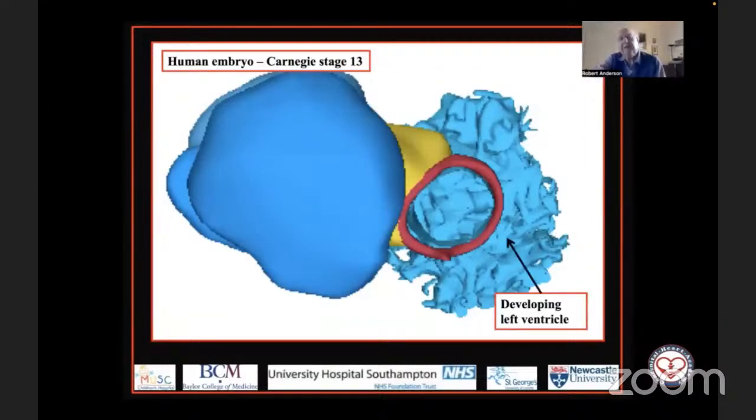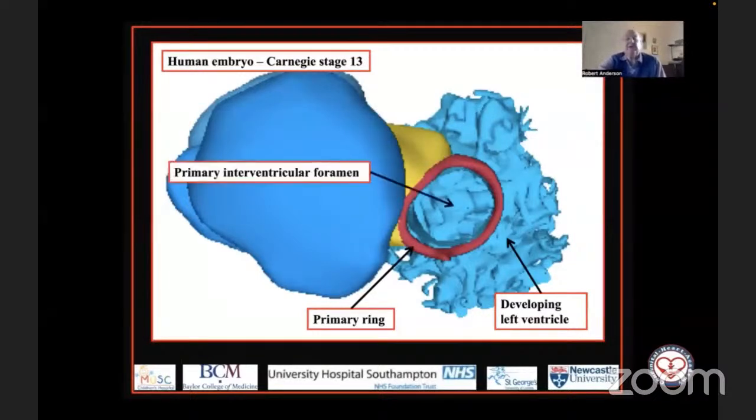At the back, you see the trabeculations of the developing left ventricle, and Wout and Jill have marked the location of that primary ring, which they had demonstrated previously using the antibody to the nodose ganglion of the chick. And this shows you, I hope, very nicely how the primary ring is surrounding the primary interventricular foramen.